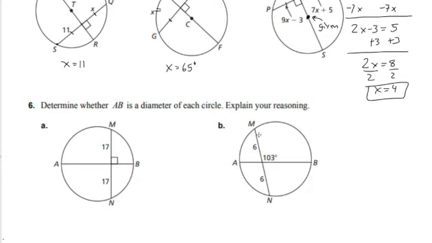So I'm going to see if I could draw that in here. I know I can conclude that that is congruent to this. So therefore, AB bisects the chord, so that AB, it's actually a perpendicular bisector. So AB is a diameter.